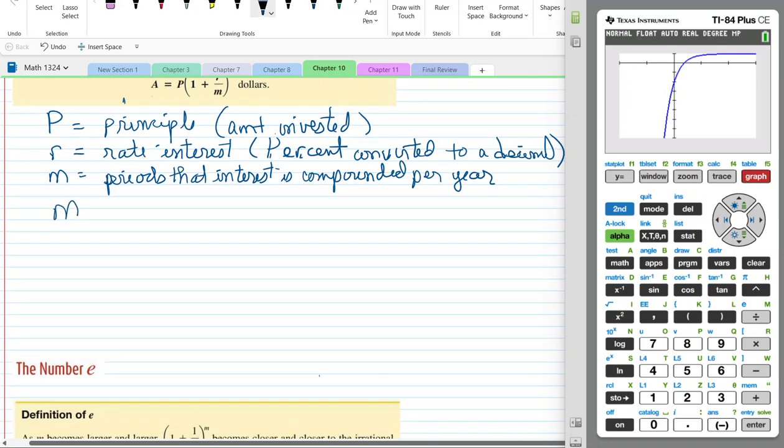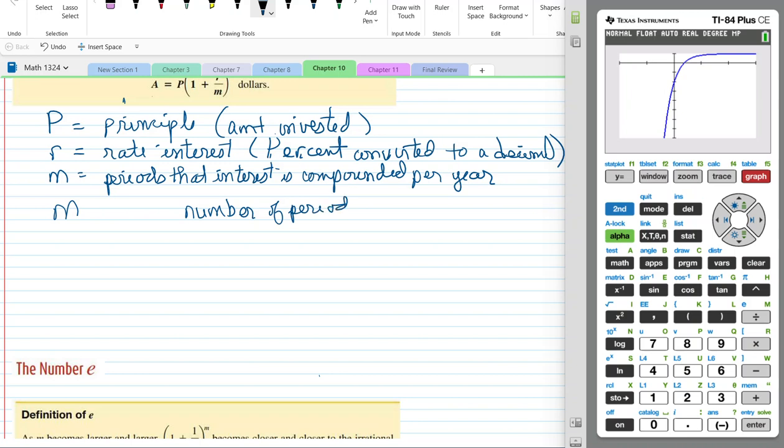So we're going to have our M, and then we're going to have number of periods. Right. So if they say annually, that means the interest is compounded one time a year. If it says semi-annual, then it's 2.